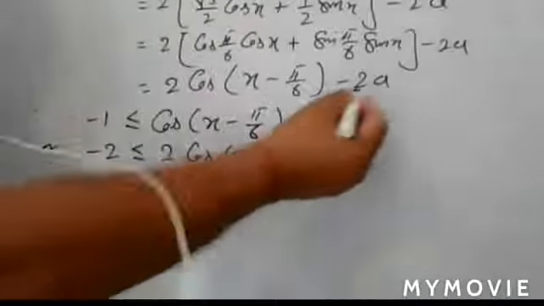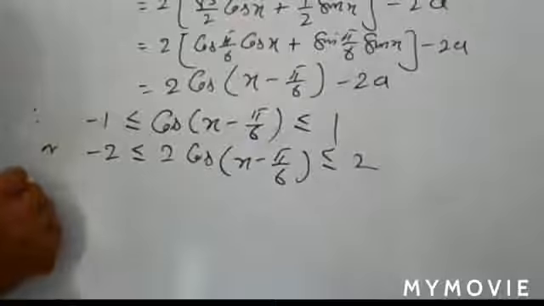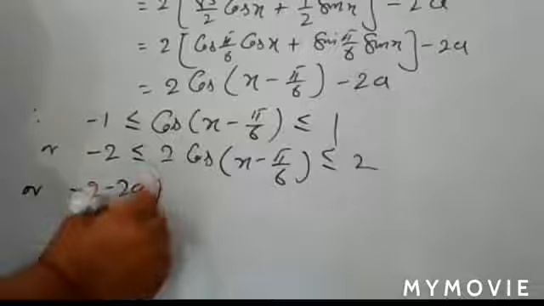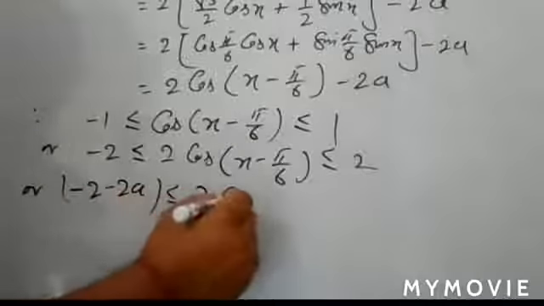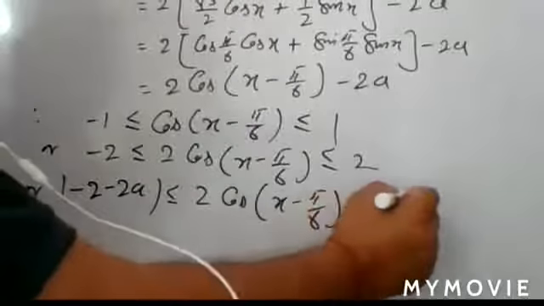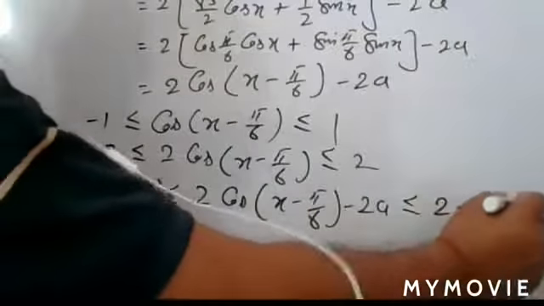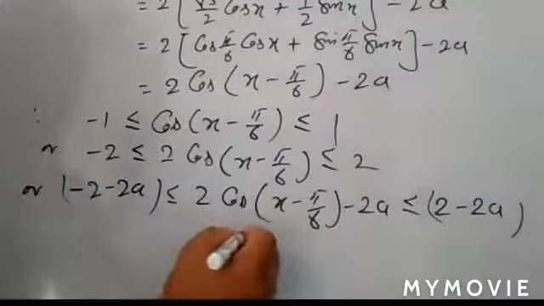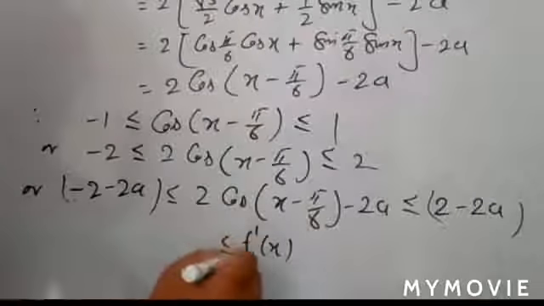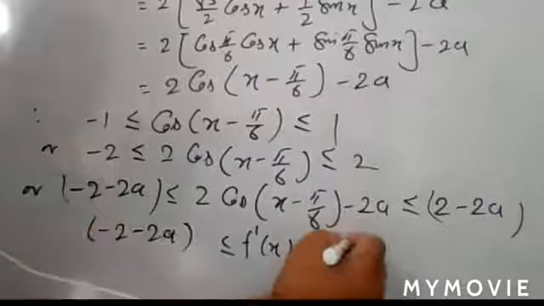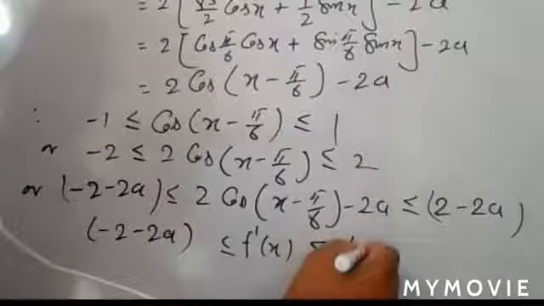Here you multiply each of the terms by 2, now subtract 2a. Okay, so minus 2 minus 2a, 2 cos of x minus pi by 6 minus 2a, and here you have 2 minus 2a. You have the term like that, and this gives the value of f dash x greater or equal to minus 2 minus 2a, and less than or equal to 2 minus 2a.